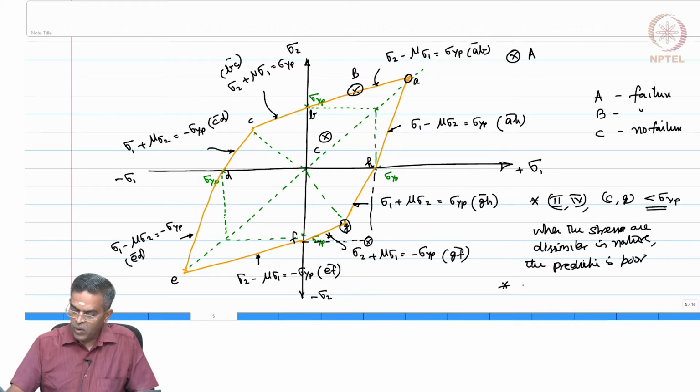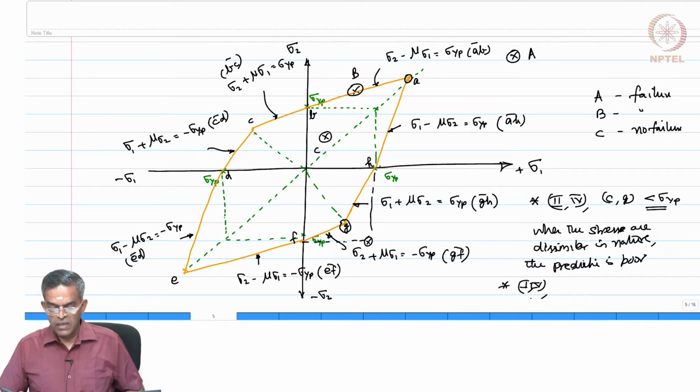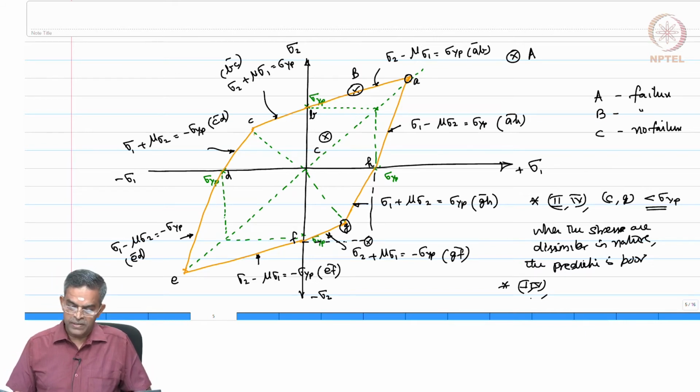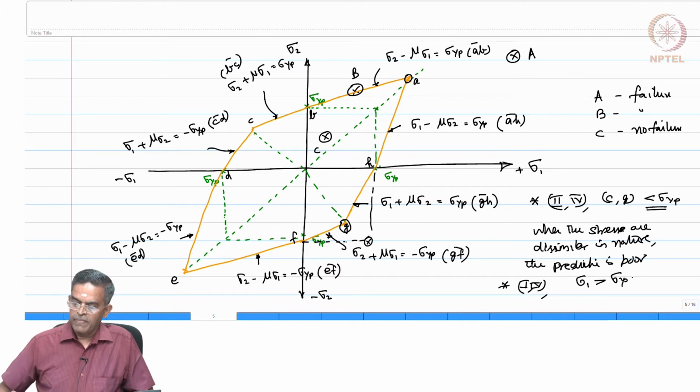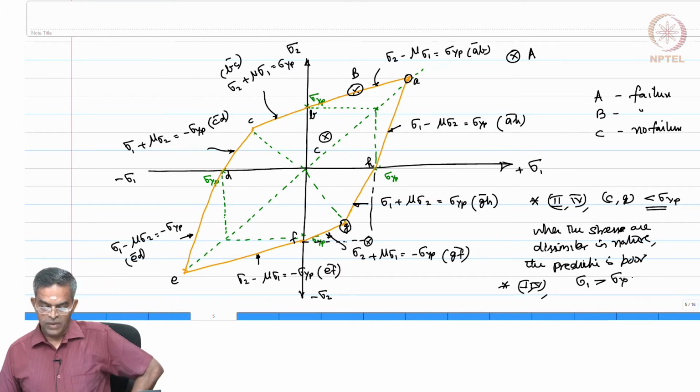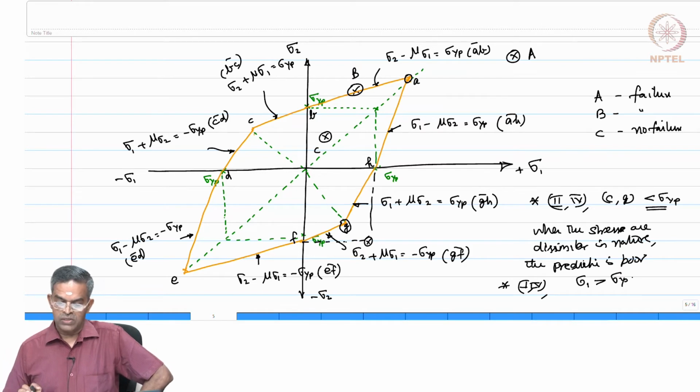Whereas in quadrants 1 and 4, when both stresses are either tensile or compressive, that is similar in nature, it says one of the stresses even exceeds sigma yp. Then only the failure will occur. Okay? Without yielding, failure starts.